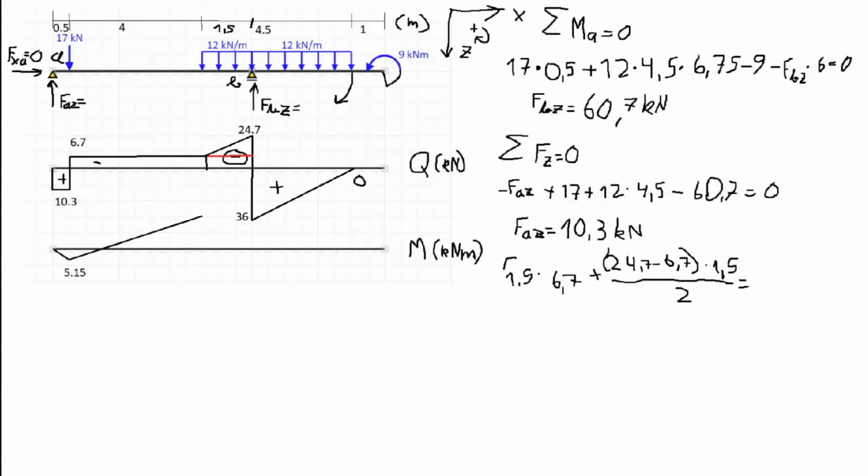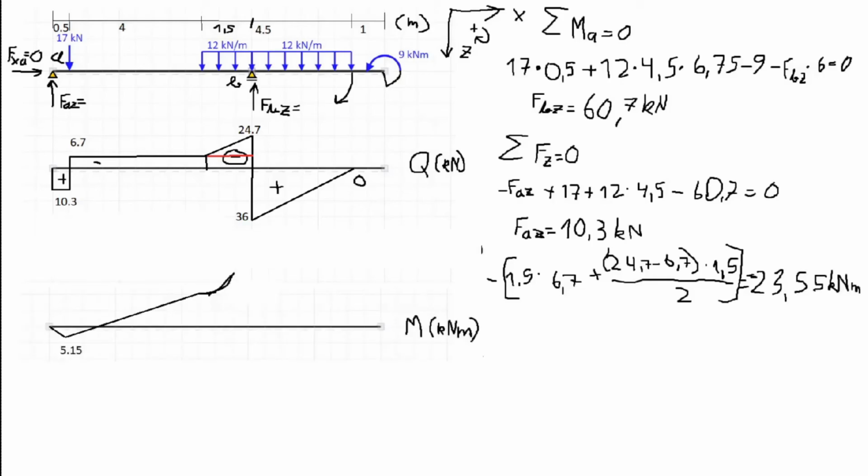And since the shear force is negative, we'll just make this equation negative, and this will give us a moment of 23.55 kilonewton meters.